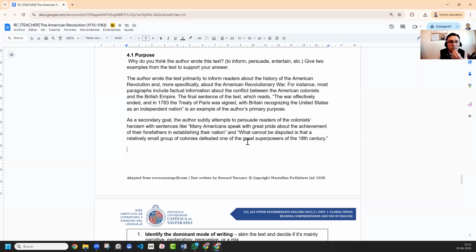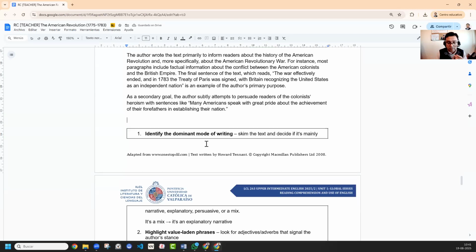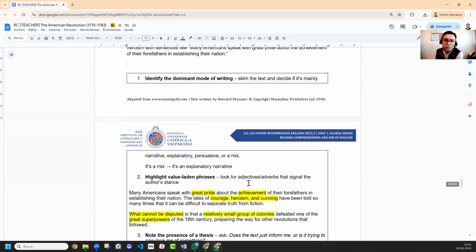In this case, we gave three. So maybe we can eliminate one to comply more strictly with what was requested in the question. Okay, there we go. So that is the purpose, and these were the steps. Okay, let's move on to tone.